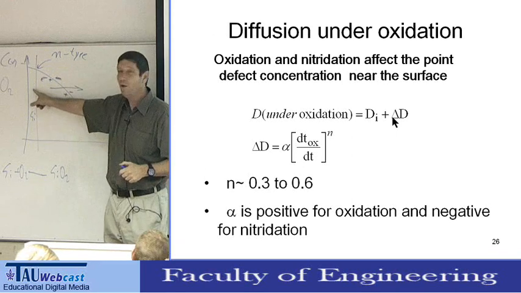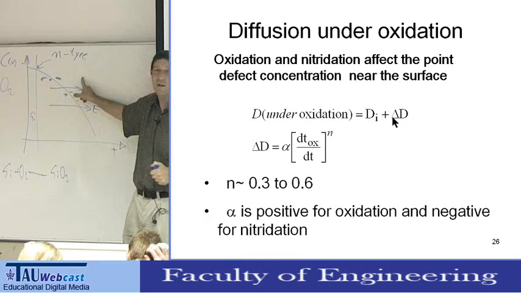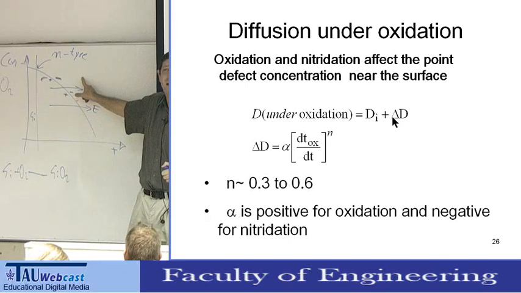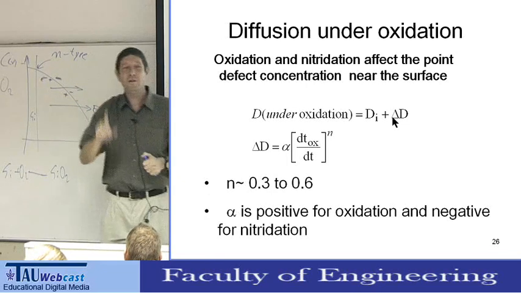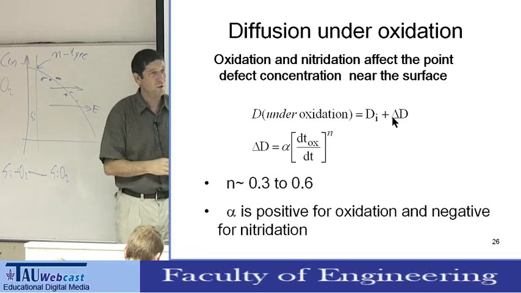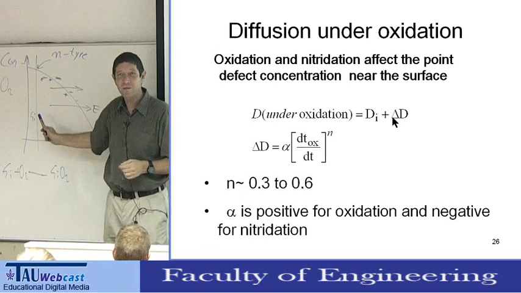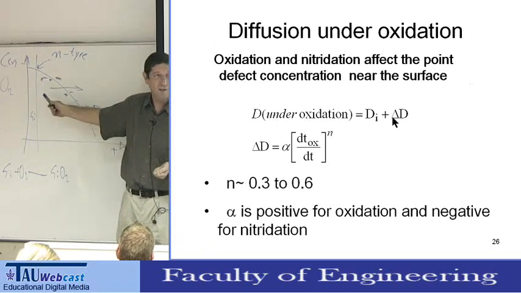Now, if you have here a lot of vacancies, and here less vacancies, what will happen? The vacancies will diffuse also. Then you have to solve the diffusion equation for the vacancies also, which is the same diffusion equation. But the concentration of the vacancies affects the diffusivity of the silicon.